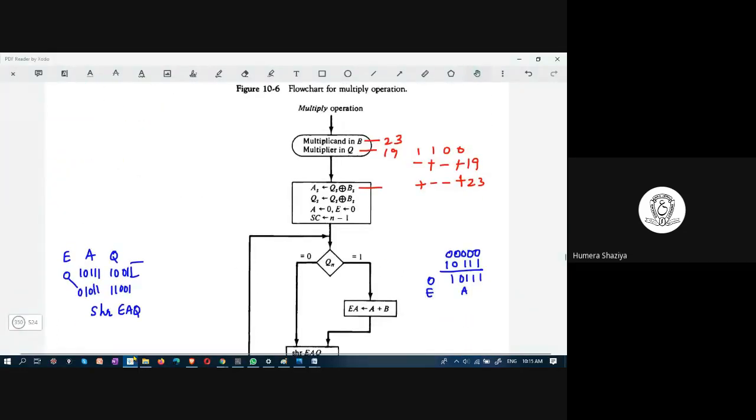You are storing multiplicand and multiplier in B and Q respectively, followed by verification of the sign bit of A accumulator and Q multiplier.